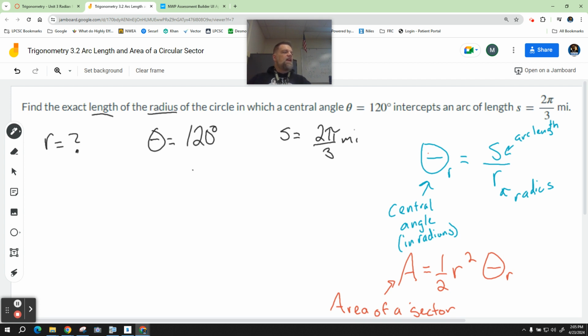So if you had to choose a formula, I would go with the first one because there's S, there's R, and there's theta. What do I got to do first, though?